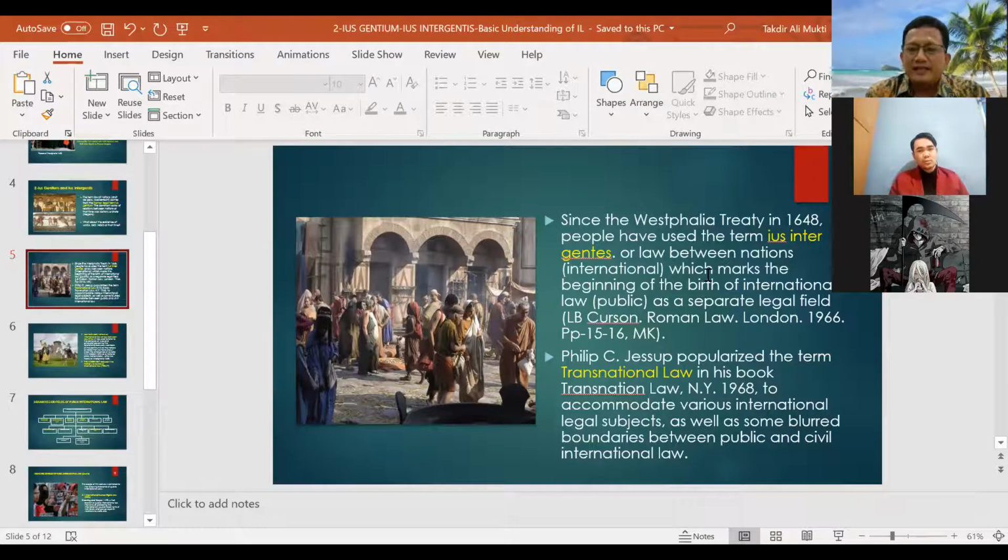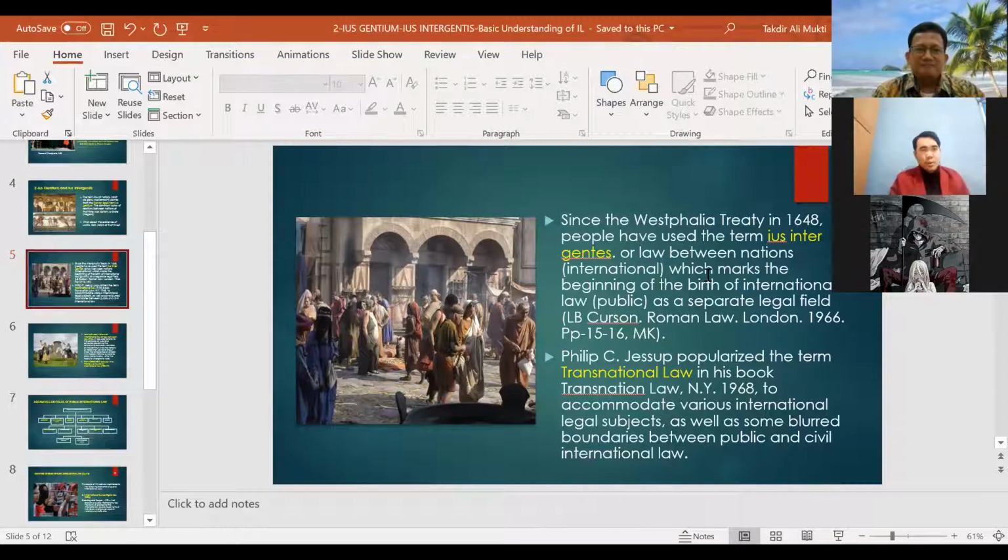So the dominant actor today in international law is really not dominated by states or governments, but there are many rules, international rules, agreements or treaties produced by non-government subjects of international law.